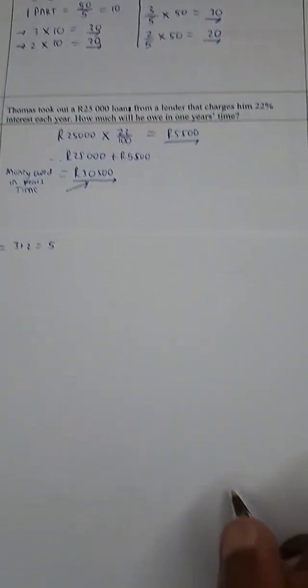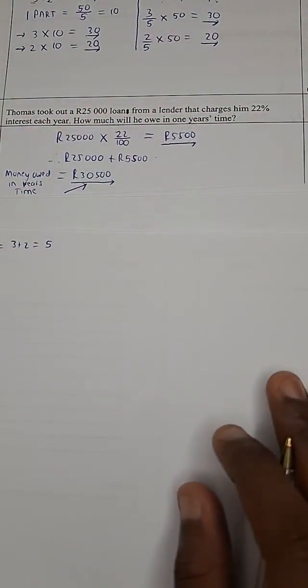Money owed in 1 year's time is actually this 30,500. So we must be mindful there. This gave us the interest charged, so that we can understand what the interest was.